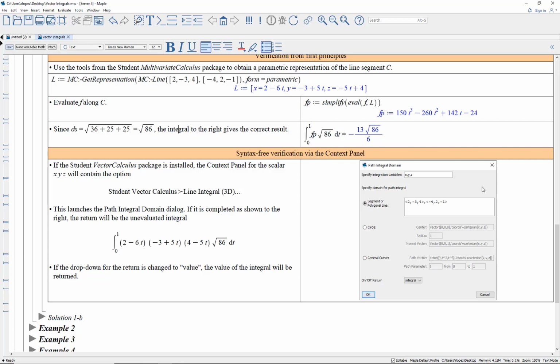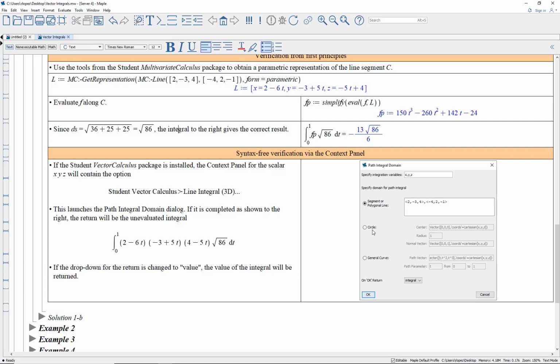If you pick that, you get this dialog that comes up. And you can see that the command that's underlying this recognizes either a line segment or even a polygonal line, which the int command in physics vectors does not.